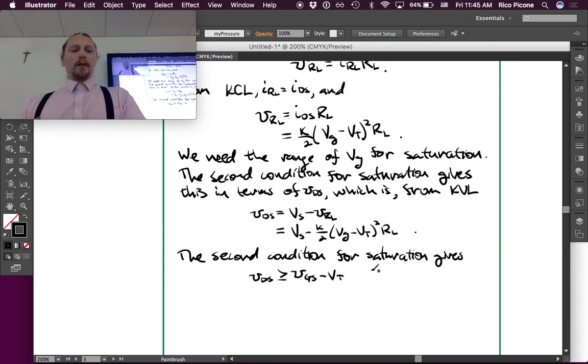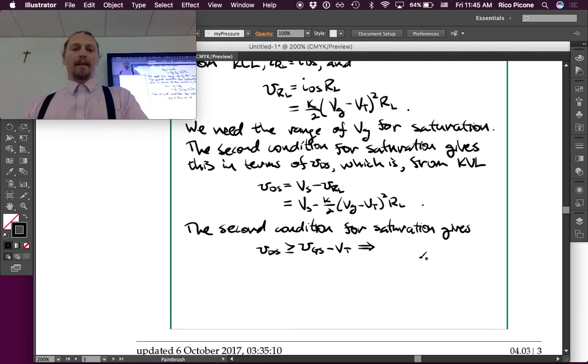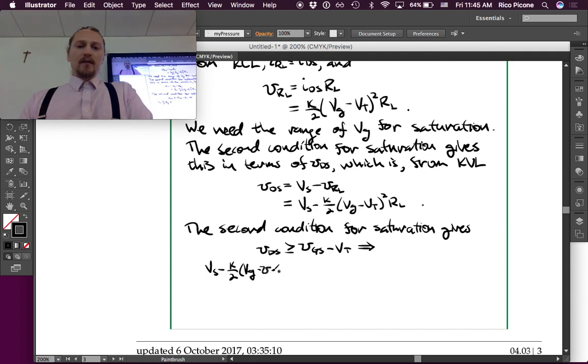So if we rewrite that, we can plug in for VDS the expression that we just developed, right? So that's VS minus K over 2 times VG minus VT squared times RL.